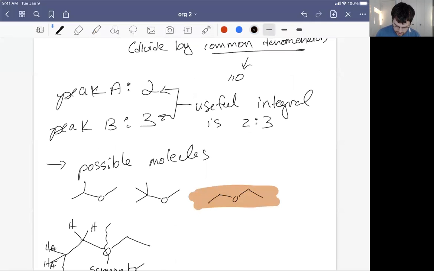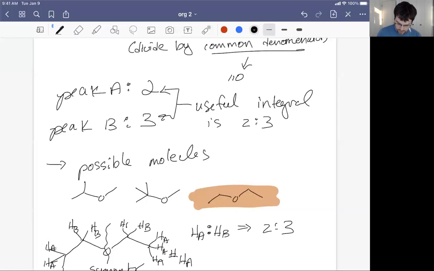We have A, B, B, B. Now the ratio of HA to HB is going to equal 2 to 3. But the number of HAs is actually 6, and the number of HBs is actually 4.